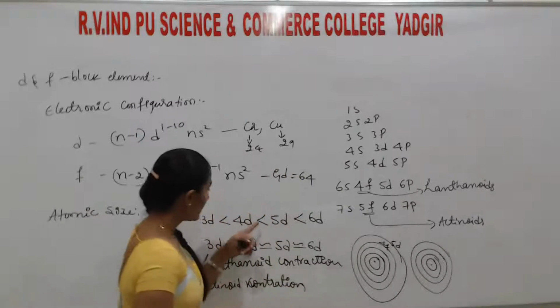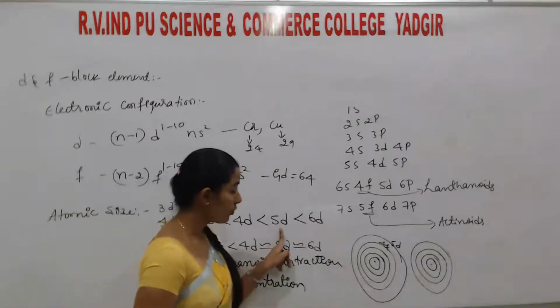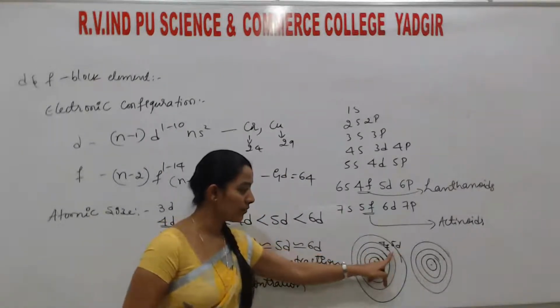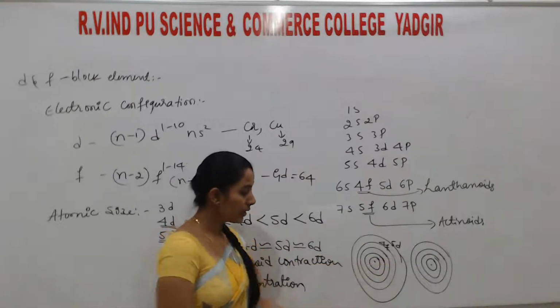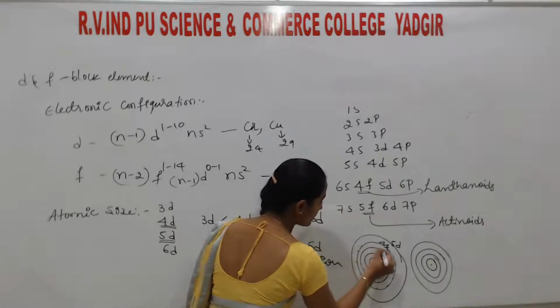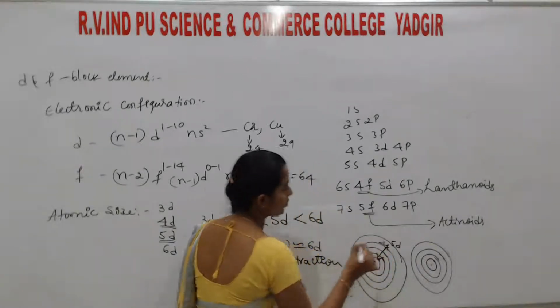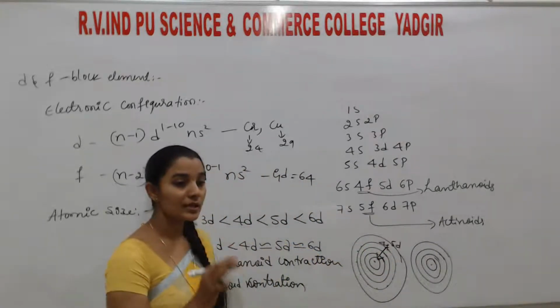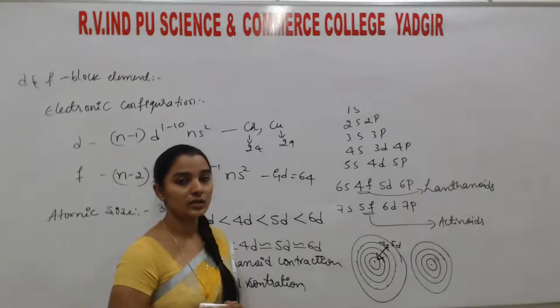In the 5d subshell, before entering the 5d orbital, we need to fill up 4f. As the number of electrons goes on increasing, the size moves towards the nucleus, meaning size decreases and effective nuclear charge increases.